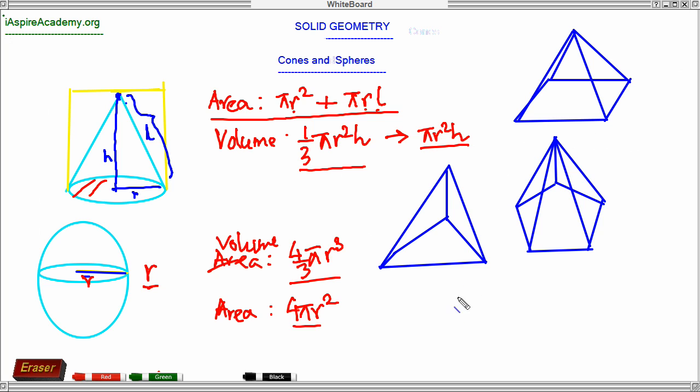Now the volume of a pyramid is 1/3 base times height. The base is the area of this one.